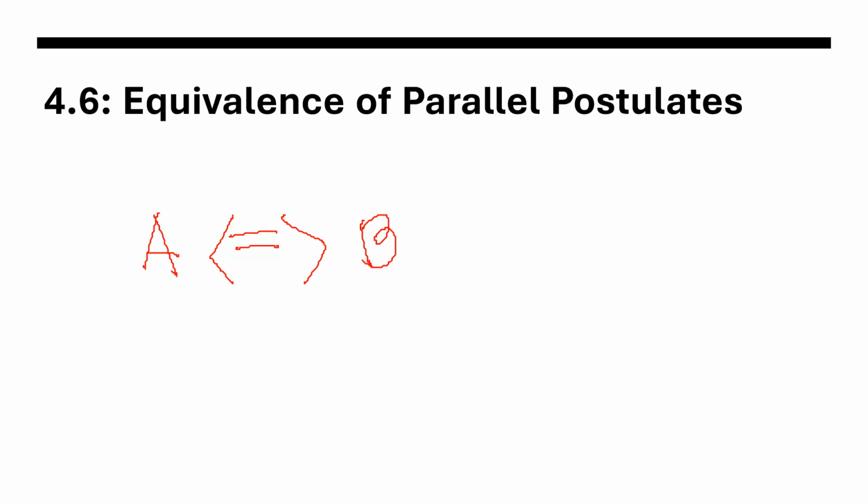And then in neutral geometry, we can prove none of them. And if we add any one to neutral geometry, we can prove all the others. So in this discussion, we will look at several equivalent forms. What are those equivalent forms?